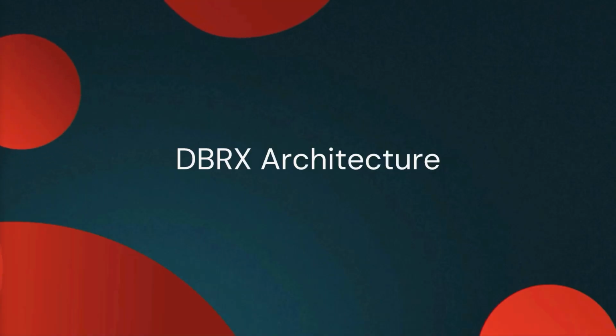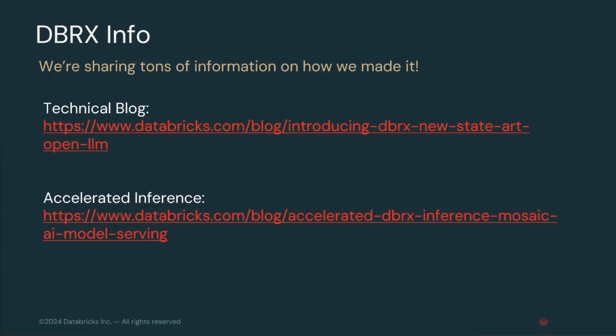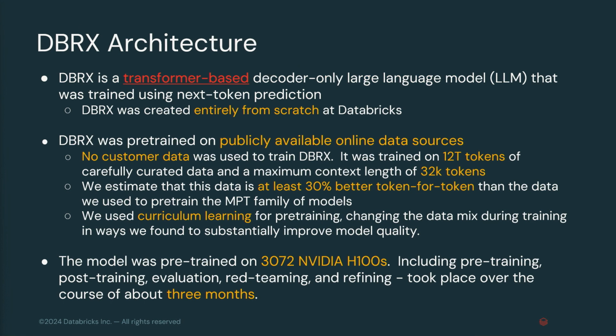The way that we do that is by innovating on the data, but also on the architecture. Now, everything that I'm going to talk about right now, you can also find in the public blog articles as well. So if you want some extra reading, you can always Google DBRX blogs and you can find all of this information. But DBRX is a decoder-based LLM, just like most of the LLMs that you're familiar with.